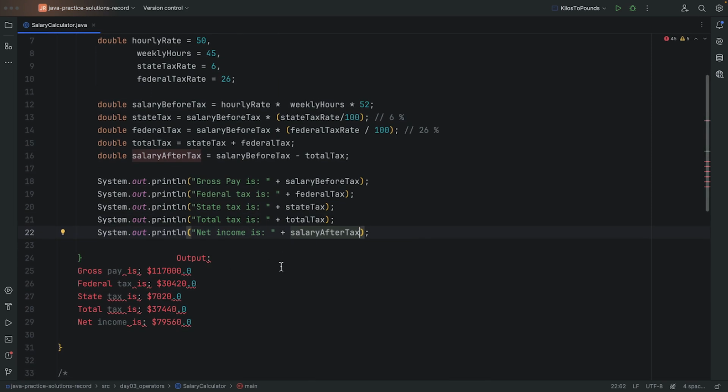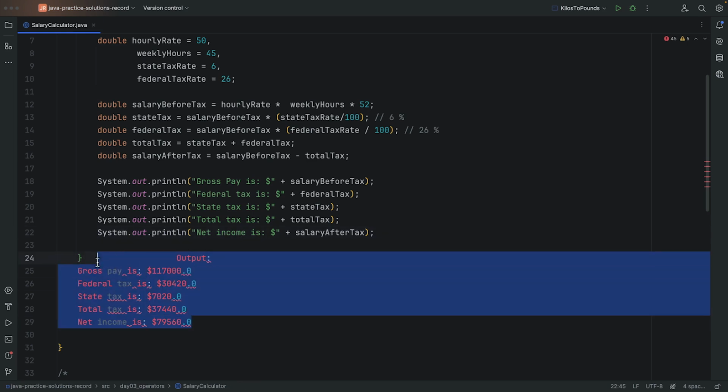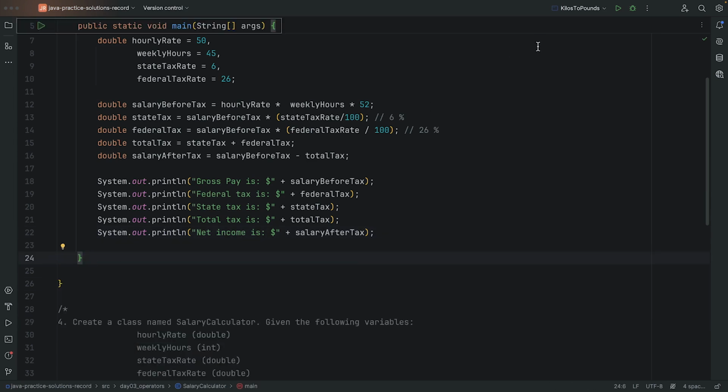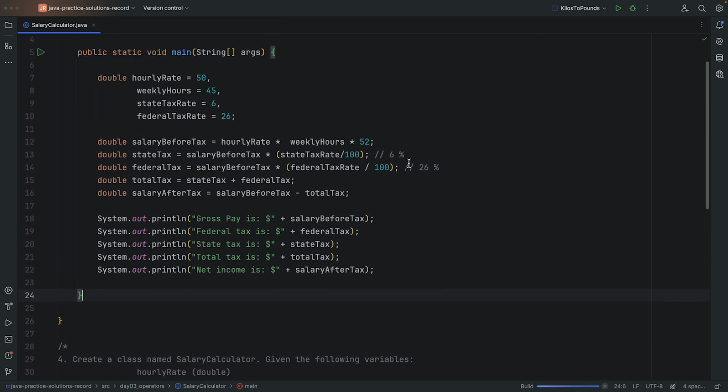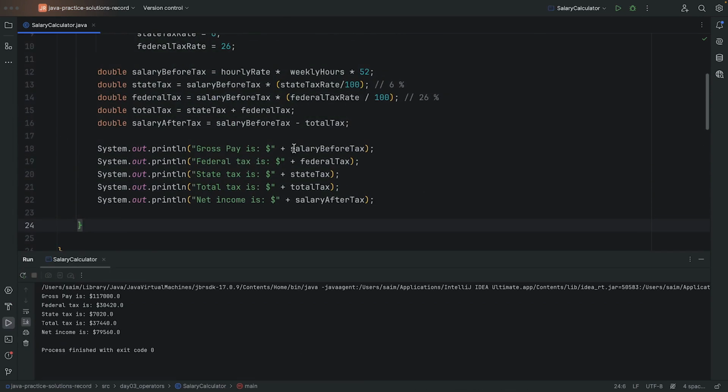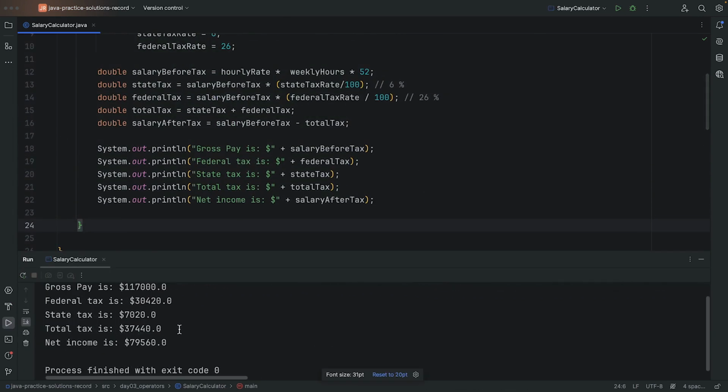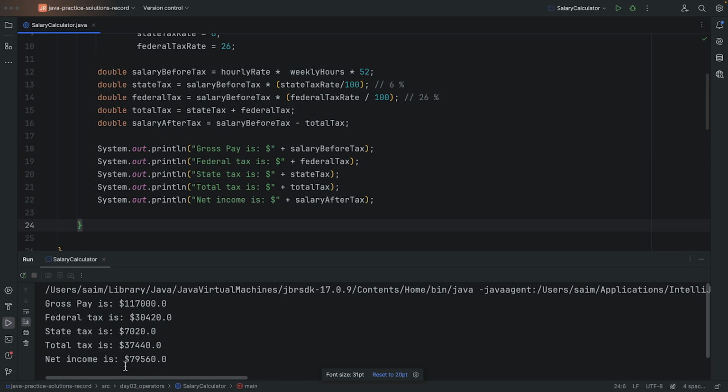One more thing I may want to do, all of these seem to have a dollar sign. So if I do want to show a dollar sign, just before the string ends, I can add a dollar sign right here. And if I do that, then a dollar sign will actually be shown in the output. That part is not really necessary. It's just a part of concatenation anyway. So it's showing the dollar sign as a character, but if you did want it, you can add that.